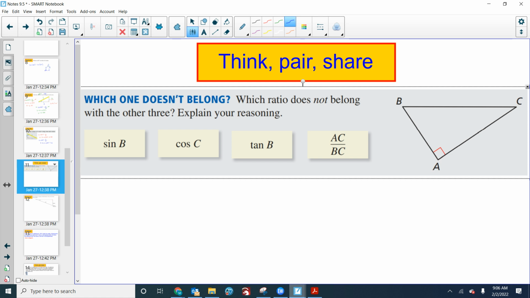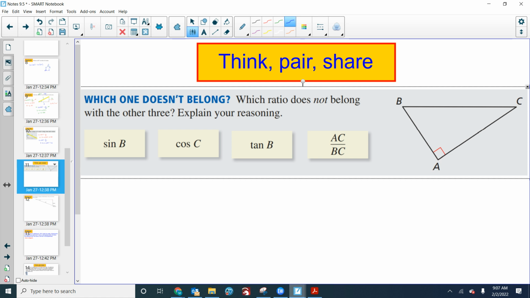No, because the tangent of B is the opposite of x. It's not the hypotenuse. Yeah, but the tangent, the cosine and the sine use the hypotenuse. So does the AC over BC. I don't know. Actually, I do. So just look at it. The tangent of B is the two sides that aren't the hypotenuse.